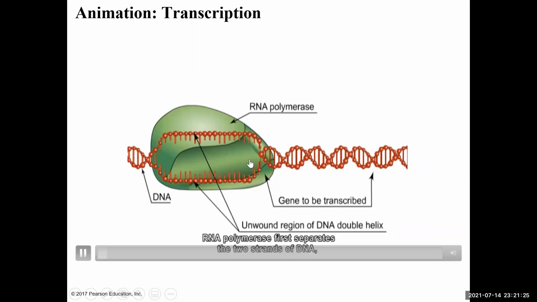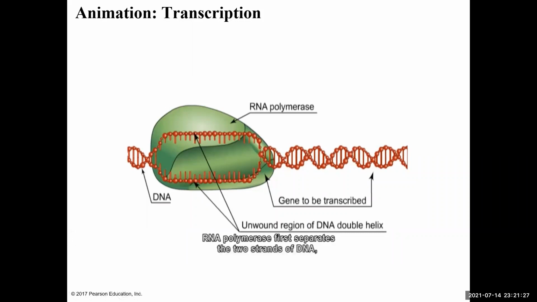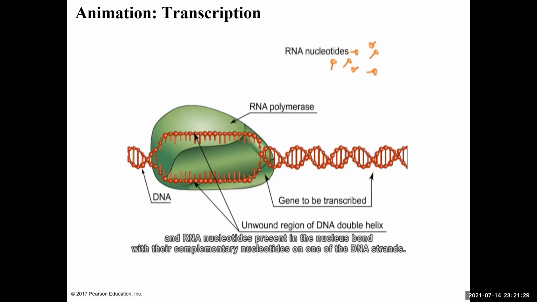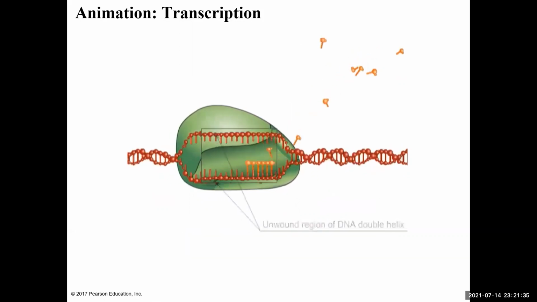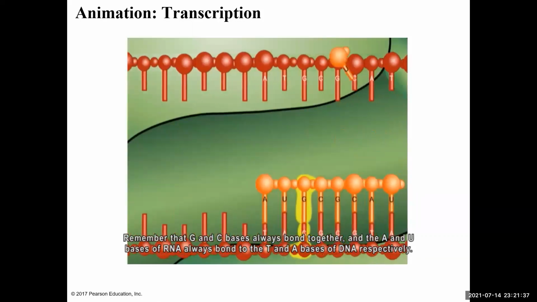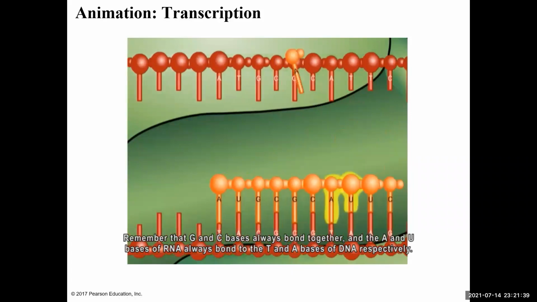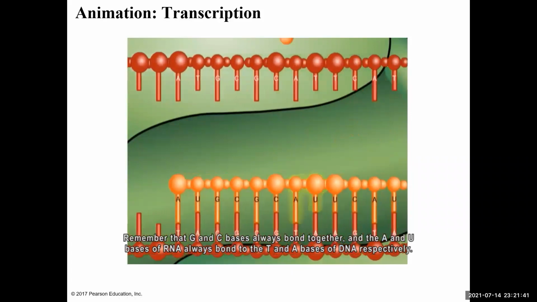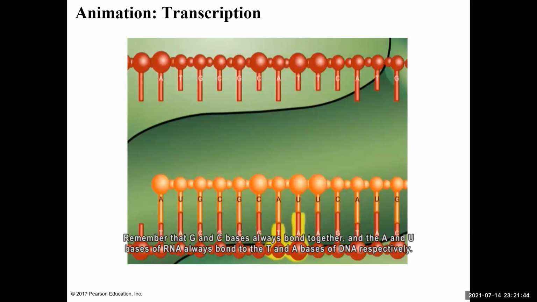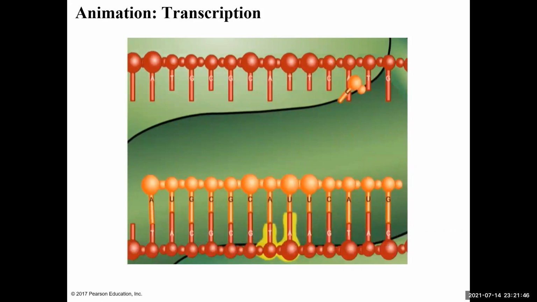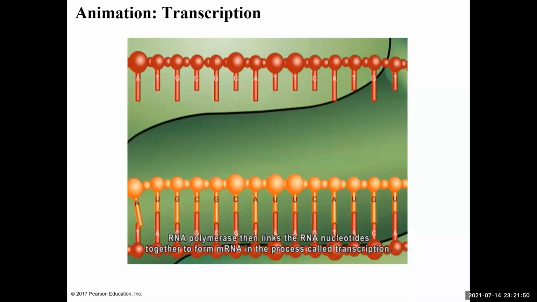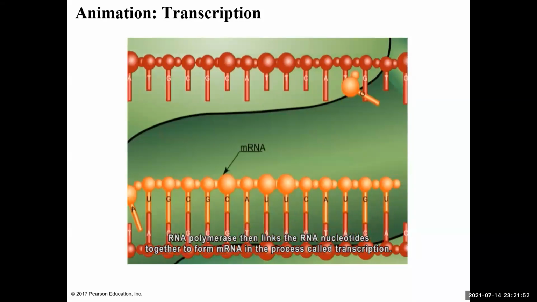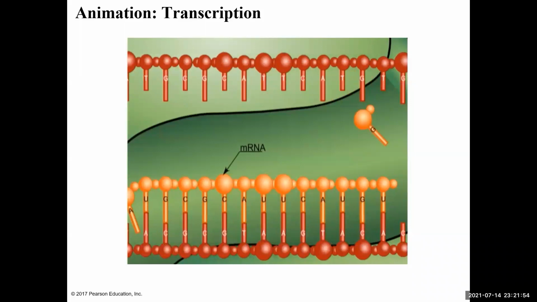RNA polymerase first separates the 2 strands of DNA, and RNA nucleotides present in the nucleus bond with their complementary nucleotides on one of the DNA strands. Remember that G and C bases always bond together, and the A and U bases of RNA always bond to the T and A bases of DNA respectively. RNA polymerase then links the RNA nucleotides together to form mRNA in the process called transcription.